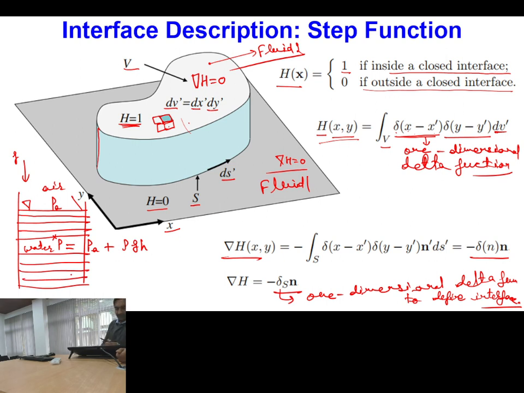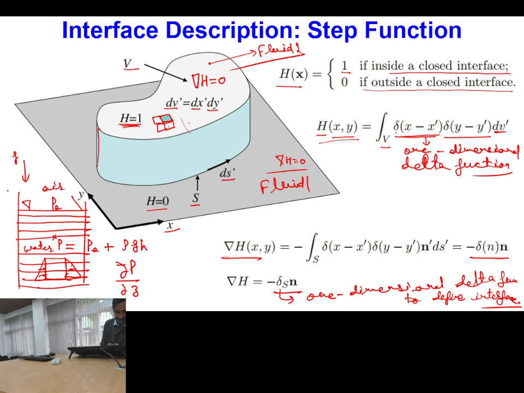Now if I have to calculate the amount of force acting on any control volume within the fluid, you will find that on this control volume, from the left side and right side, the magnitude of the forces will be the same. So these forces will vanish, but a force will be available in the vertical direction. And what will be the magnitude of the force in the vertical direction?